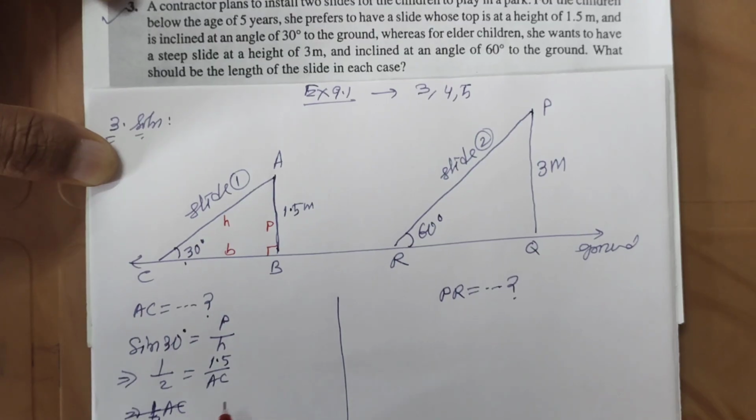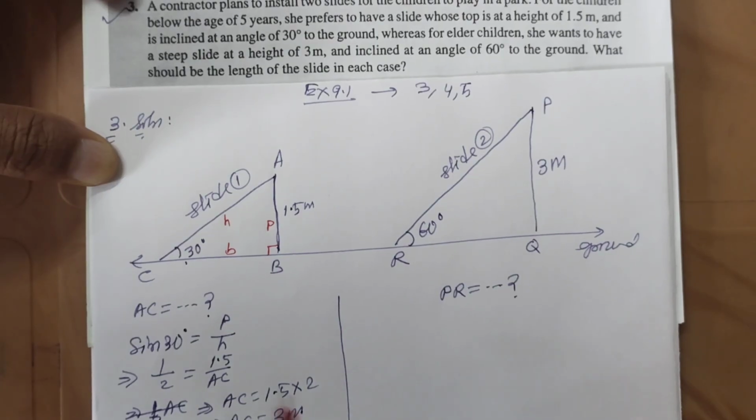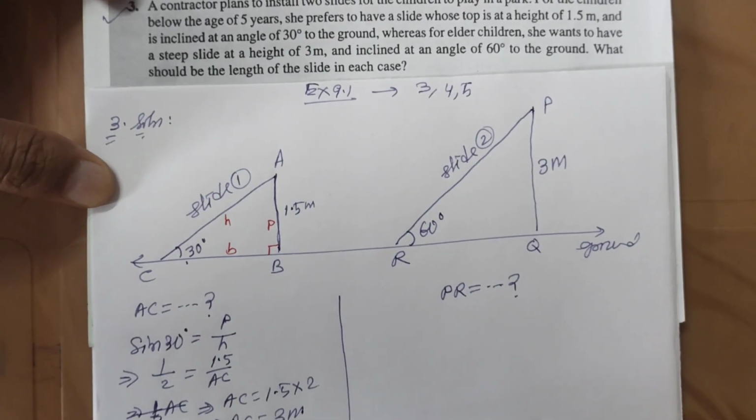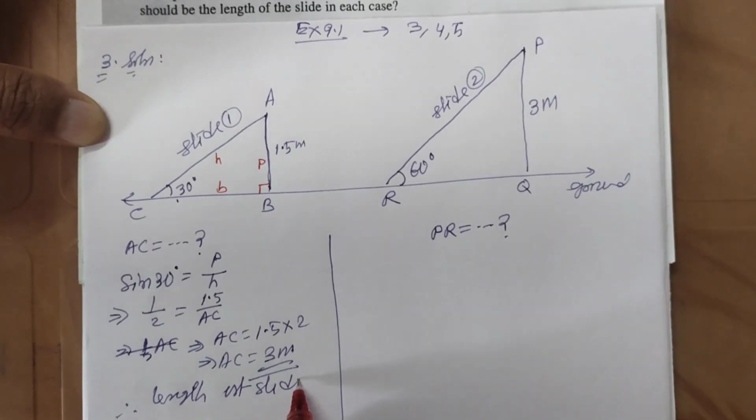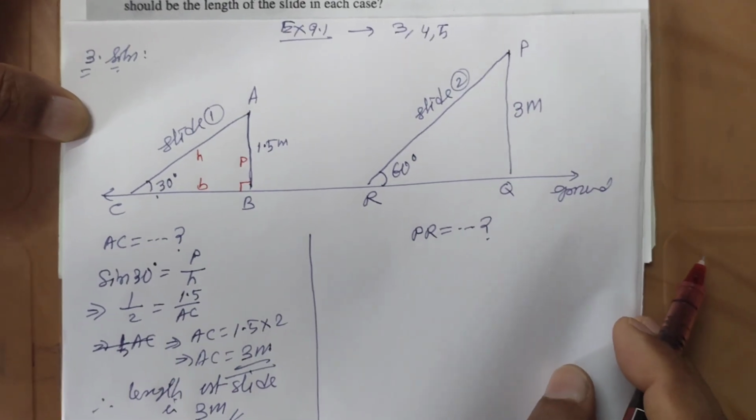Cross multiplying, 1 into AC is equal to 1.5 into 2. So AC is equal to 3 meter. Therefore the length of the first slide is 3 meter.